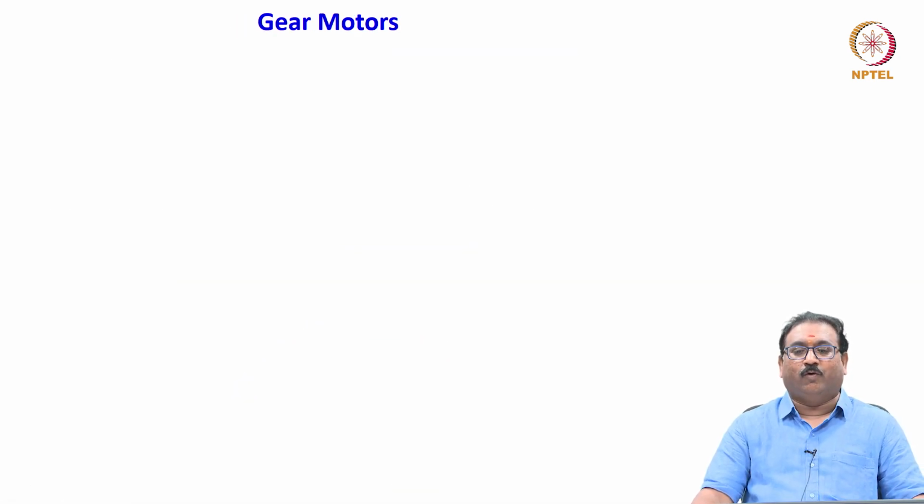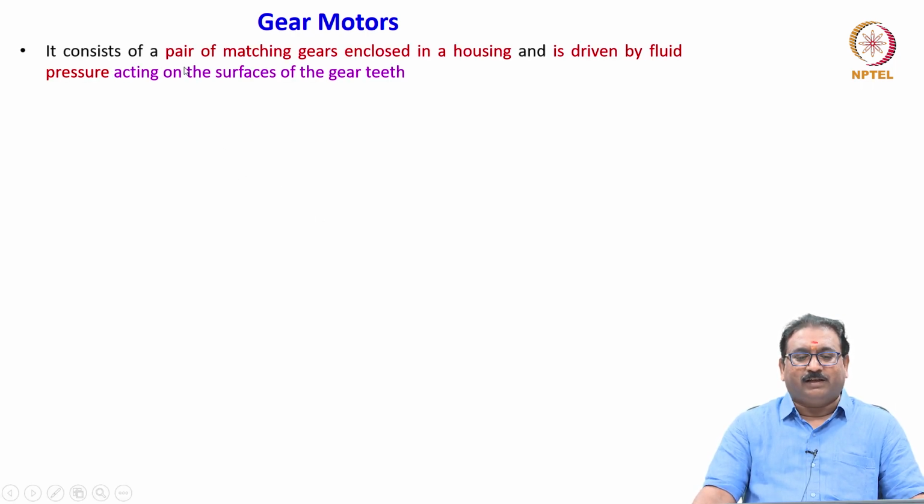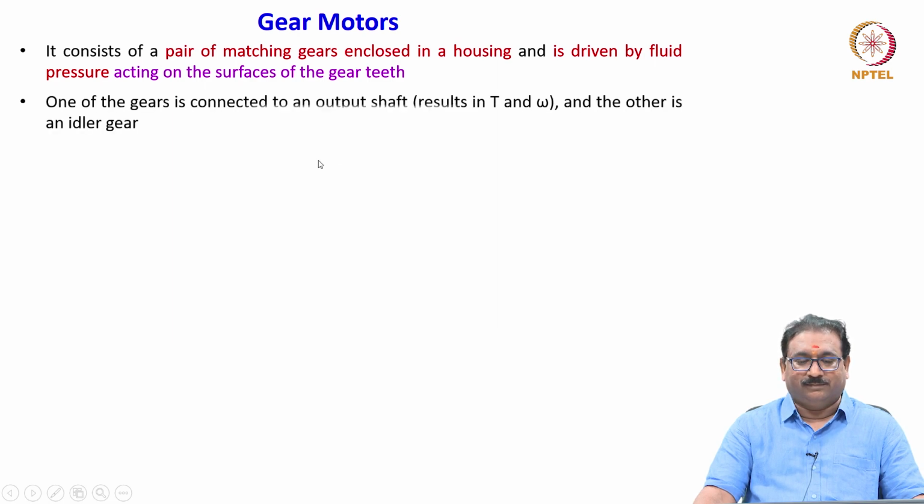Now, quickly we will move on to gear motors. A gear motor consists of a pair of matching gears enclosed in a housing and is driven by fluid pressure acting on the surfaces of the gear teeth.